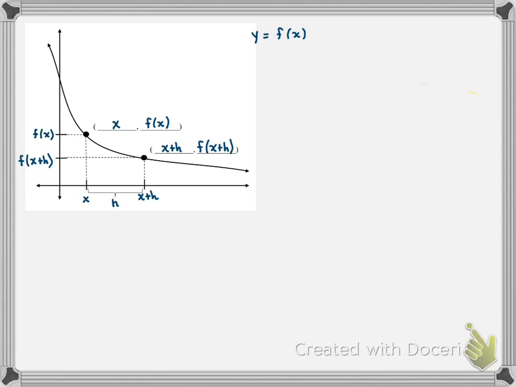So I want you guys to write down the average rate of change, a formula for the average rate of change between those 2 points. This isn't new. The average rate of change is still the same as it was before.